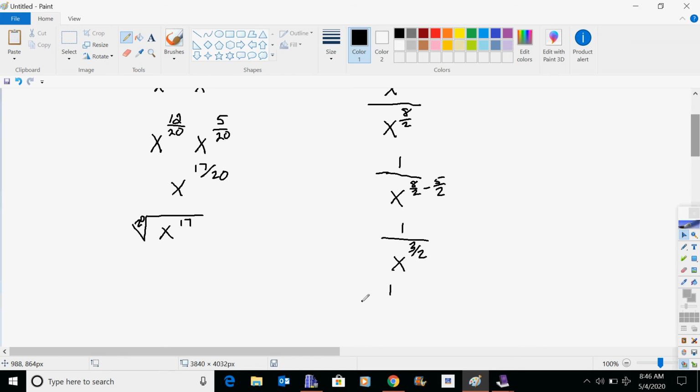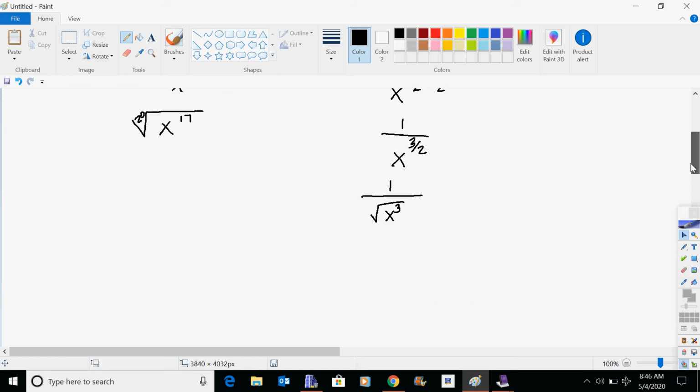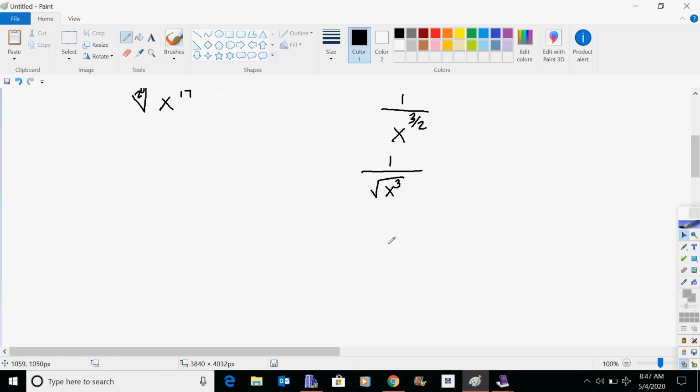This one is a very interesting problem though, because when I do the square root of x to the 3rd, that can actually be simplified, and then we've got a nasty little radical in the denominator to deal with. So we've got some fun happening here.